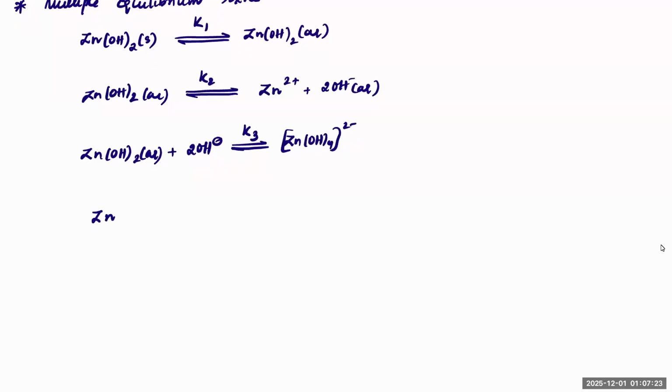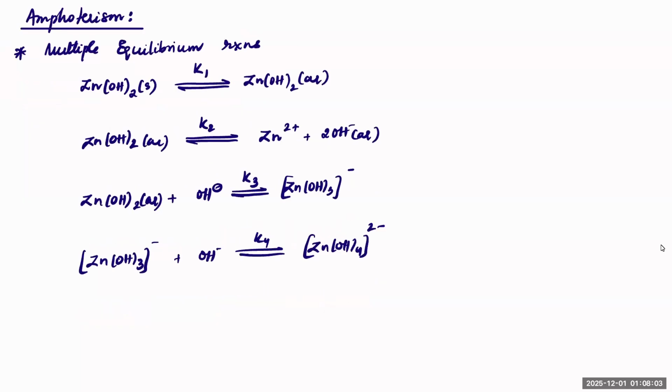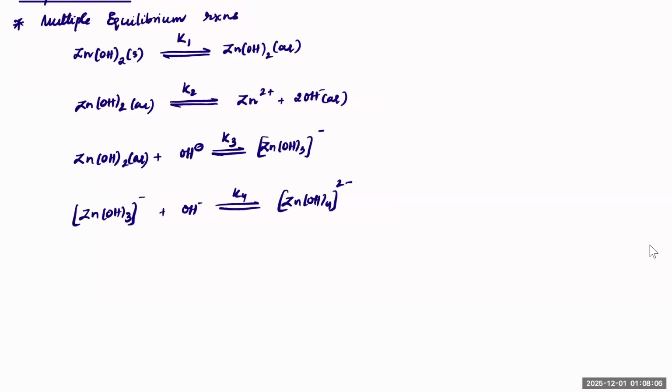We might also have a case like Zn(OH)2 plus OH- going in two steps instead of one shot, that is Zn(OH)3-, and then with one more OH- in equilibrium we get Zn(OH)4 2-. This is the way the reaction equations are being given.